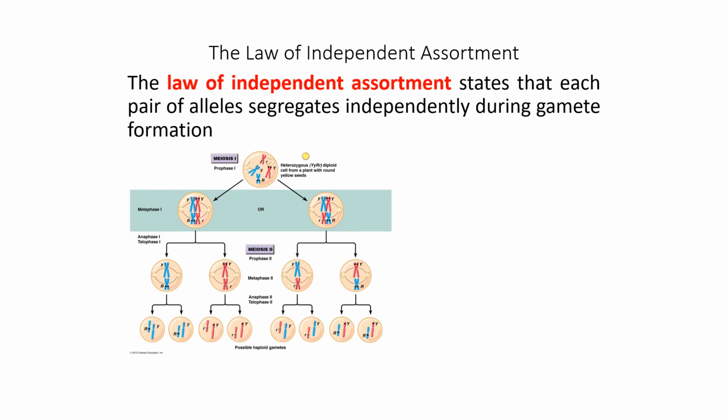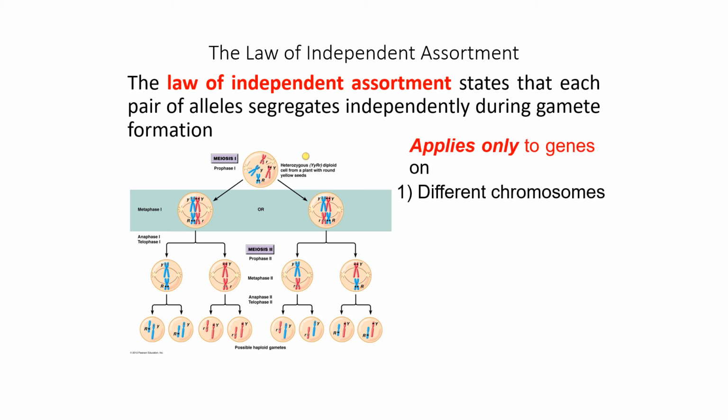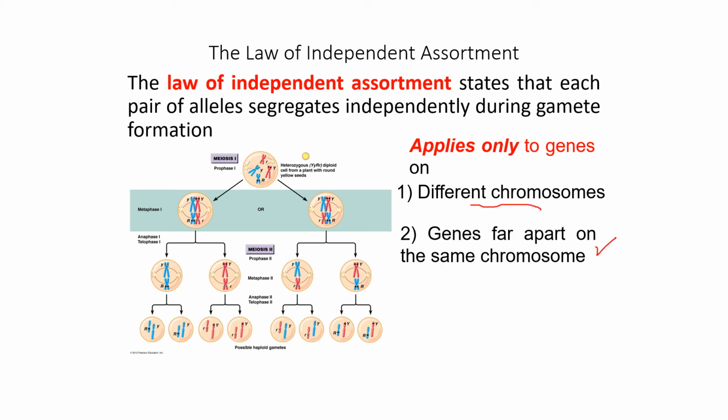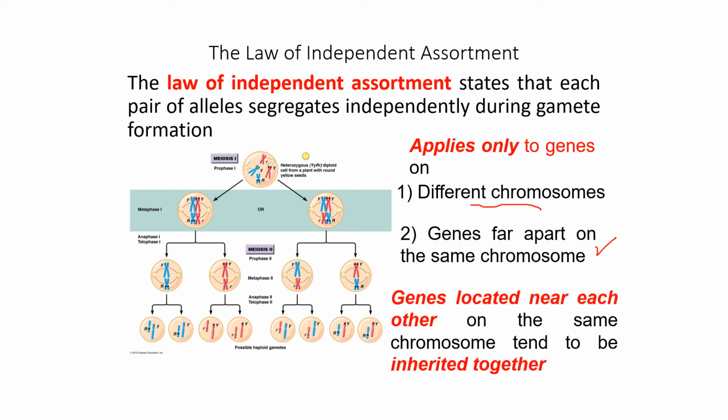So the law of independent assortment showed that each allele segregates independently during gamete formation, and this only applies to genes that are in different chromosomes, or genes that are far apart on the chromosome. However, if the genes are located very close to each other, they will be inherited together, so they will be linked.